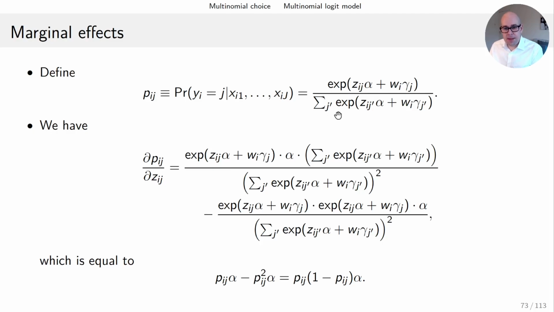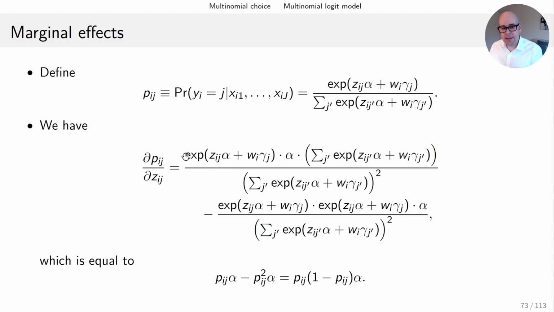So let's take that derivative. Back when we studied the binary logit model, we had to use the quotient rule for taking that derivative, and we have to do that now as well, because Zij enters the numerator here, and it also enters the denominator when j prime is equal to j, because it's a sum over all these expressions, and one of them is going to be for j prime equal to j.